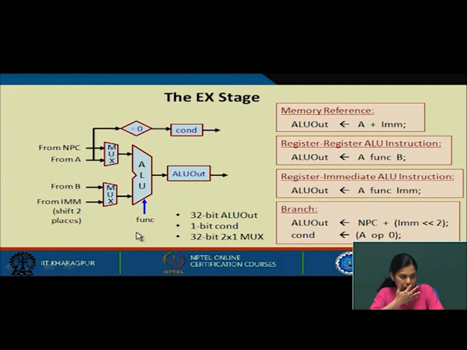Let us see how. We need to add A and the immediate value. There is a mux attached to this ALU. ALU has two inputs, one coming from NPC, another coming from A. Depending on the select line, it is decided which input will go in.